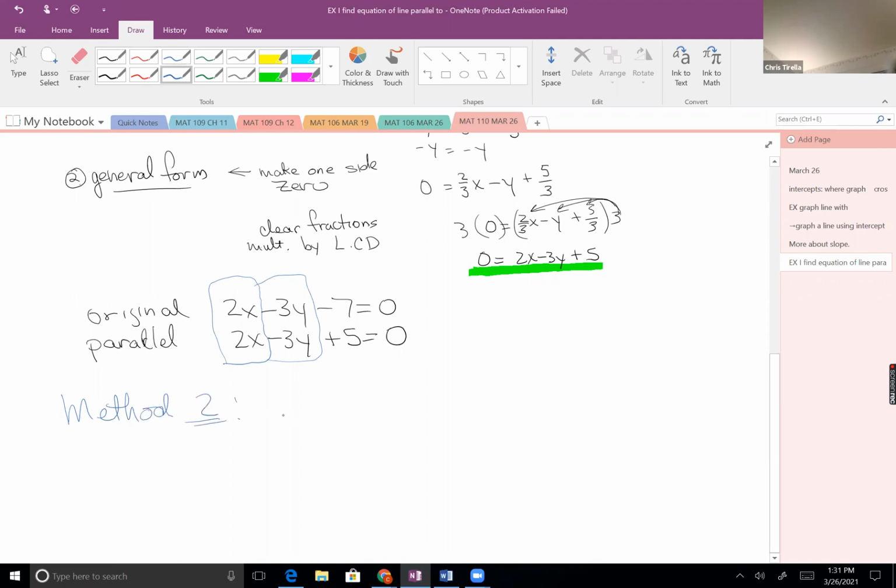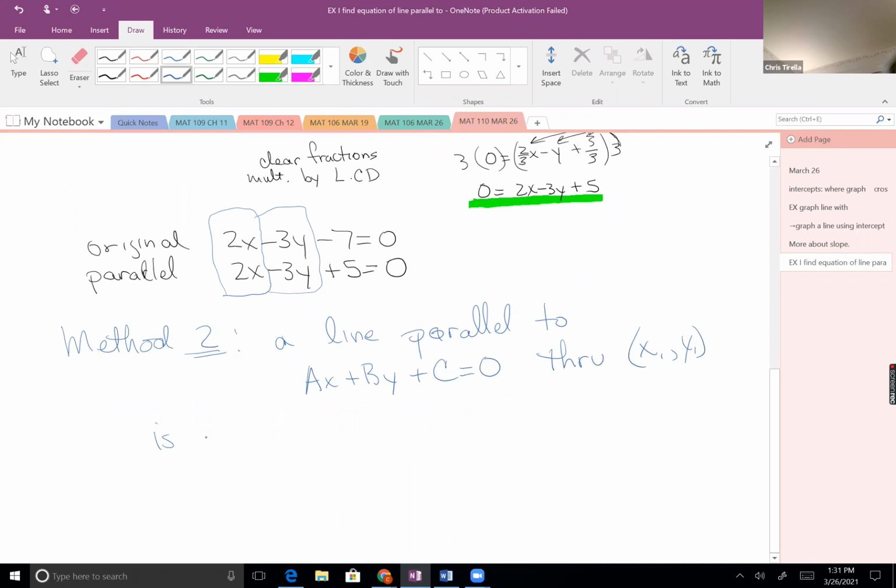Method 2 says that a line parallel to ax plus by plus c equals 0 through a given point, x1, y1, is given by ax plus by, because in order to be parallel, the x and y coefficients have to be the same, equals.